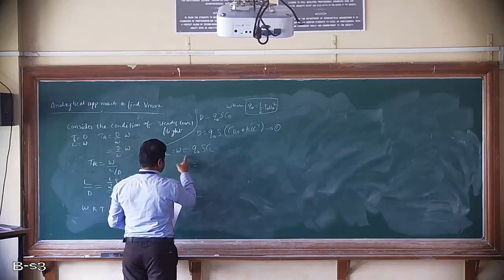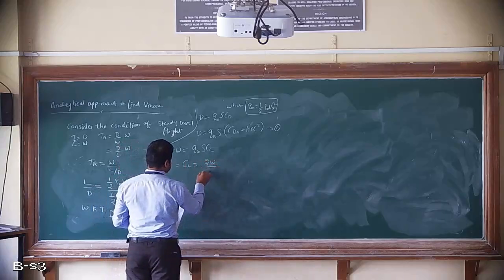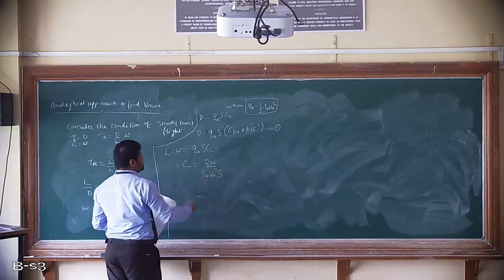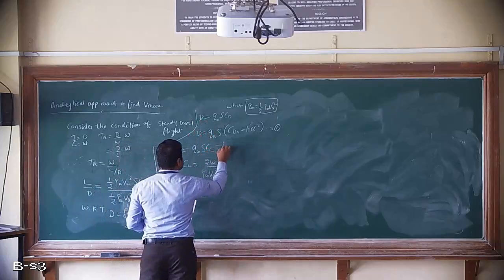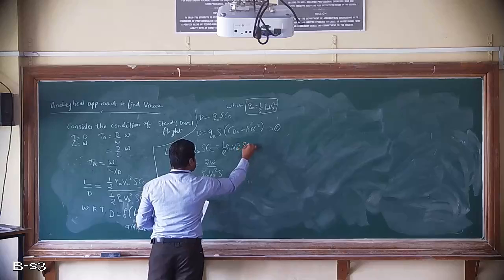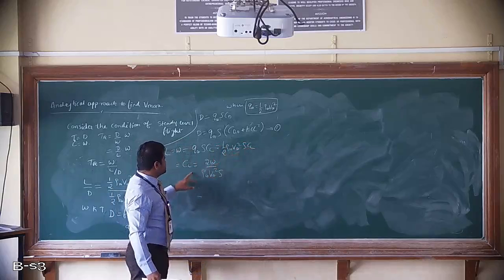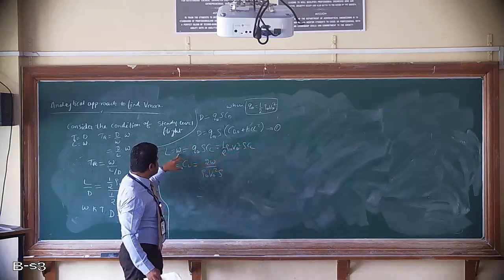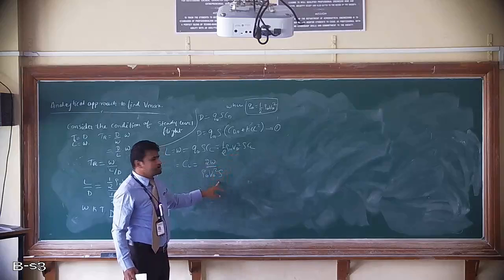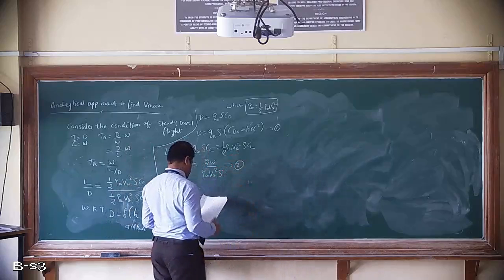CL will be equal to, from this, 2W divided by rho infinity V infinity square S. I substituted that value, so this is half rho infinity V infinity square S CL. From this I can find out CL: CL equals 2W divided by rho infinity V infinity square and S. Call this equation number 2.